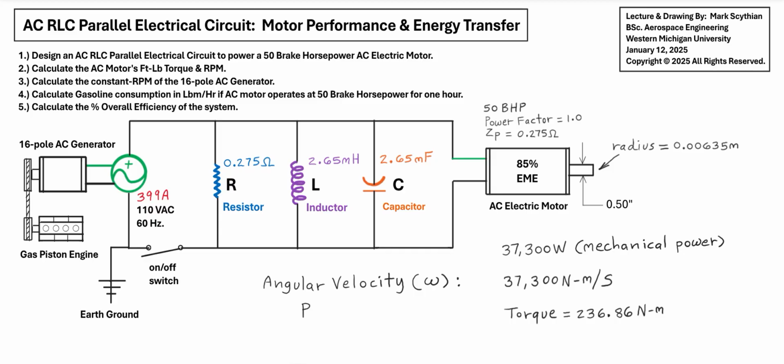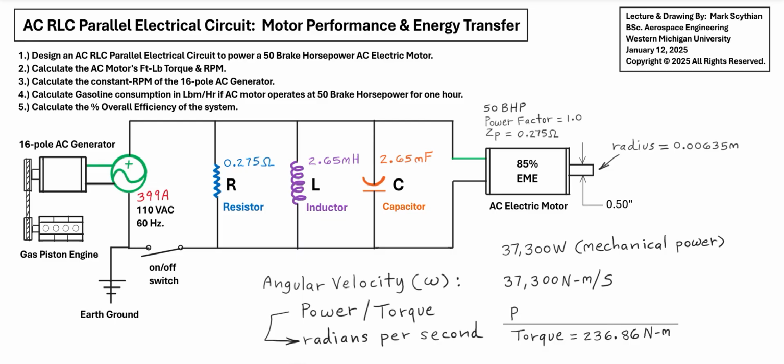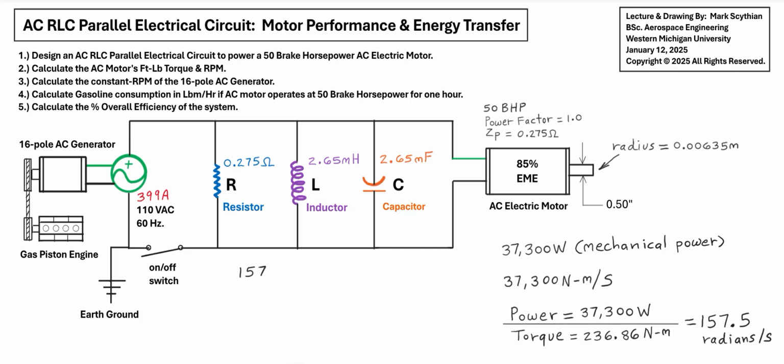Next, we can calculate the angular velocity of the output drive, so that is the power divided by the torque, measured in radians per second. So if we take the power of 37,300 watts and we divide it by 236.86 Newton meters of torque, we calculate 157.5 radians per second.